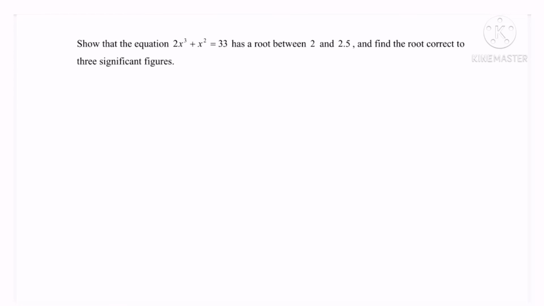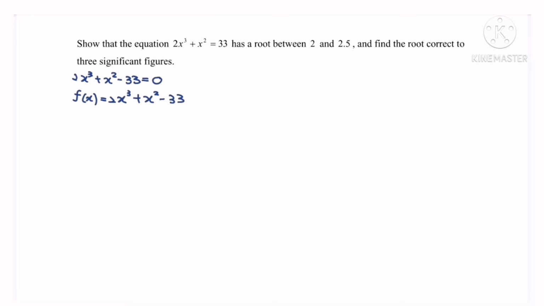Now, number 1, find the function f(x). Rearrange the equation: 2 multiplied with x cubed plus x squared minus 33 equals 0. So as we can see, we have the function f(x) equals 2 multiplied with x cubed plus x squared minus 33.